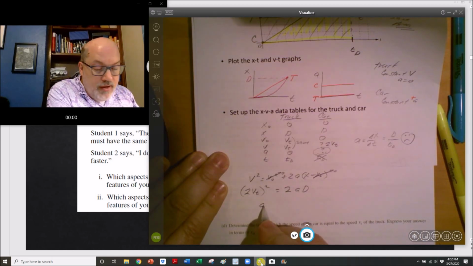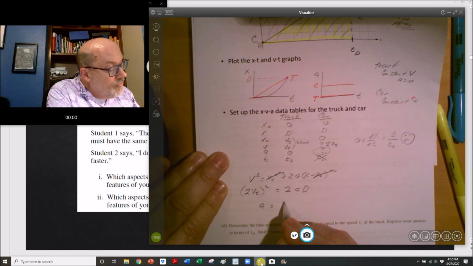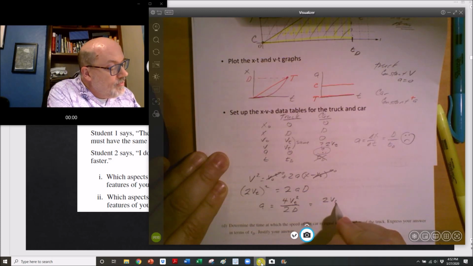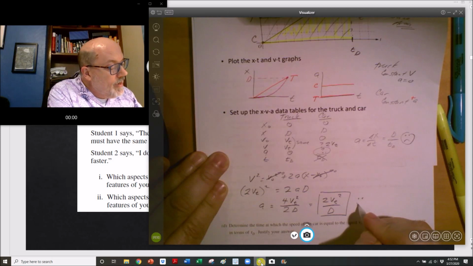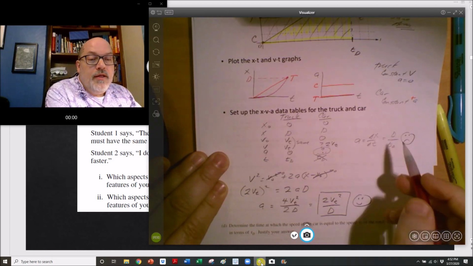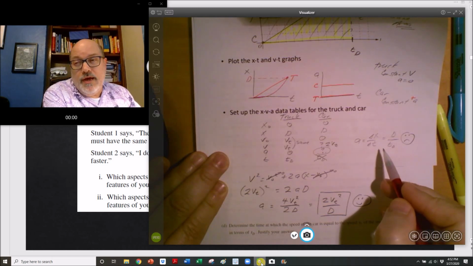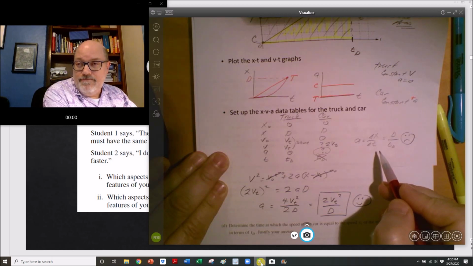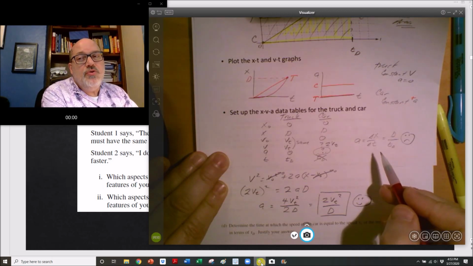Now solve for a. a equals, let's see, that's 4 v_t squared, because I squared the 2, divided by 2d, so that means it's 2 v_t squared over d, and that is our answer. And now we've answered it the way they wanted us to. This receives full credit. This other answer, which is correct, by the way, would not receive credit because we didn't answer the question they asked. Does that make sense? Just make sure you use the symbols they asked for.